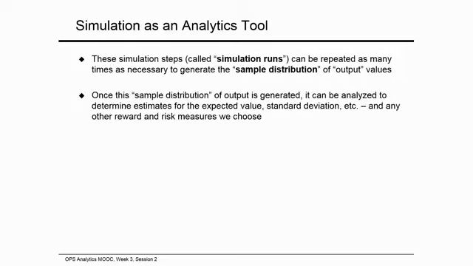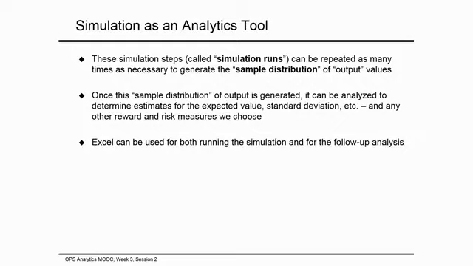Once we generate a sample of output values, for example, a sample of payment values, we can use the sample to estimate the expected value of the output, its standard deviation, etc. In other words, we can estimate reward and risk measures that we will use later to choose the best course of action.